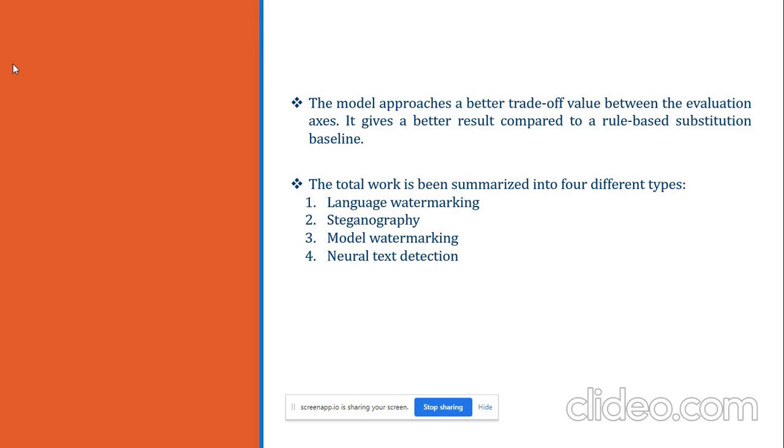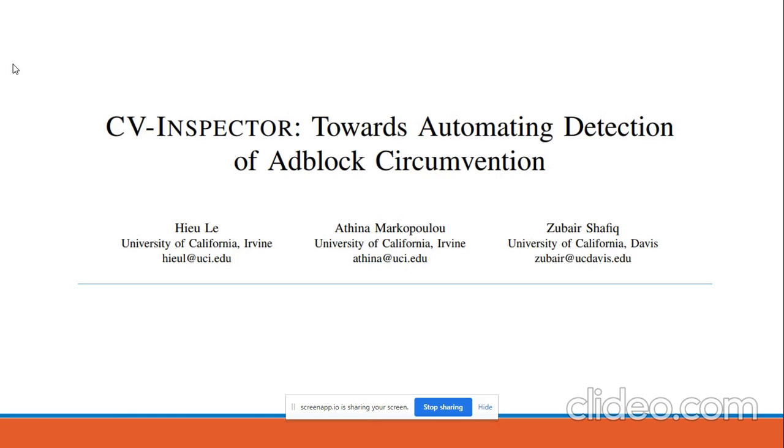Model watermarking is a technique where the model is watermarked by the tool. Neural text detection is a form of detection technique where neural networks take place. The neural network tool is supported and analyzed and the text watermark is found.